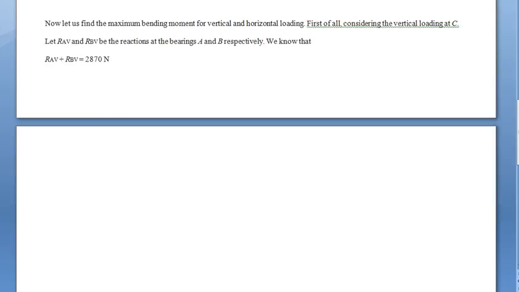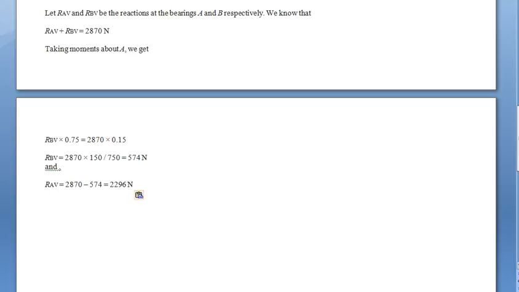Now taking moment about A, we get RBV into 0.75 equals 2870 into 0.15. So RBV equals 574 Newton, and by substituting the value for RBV we get RAV equals 2296 Newton.